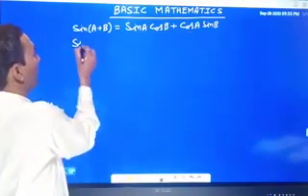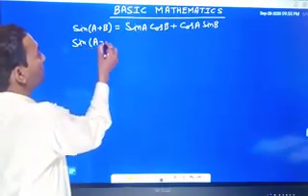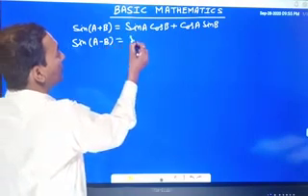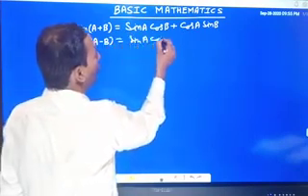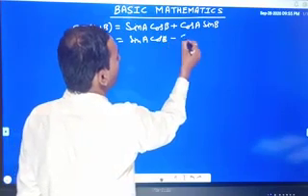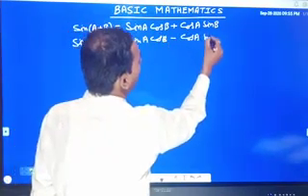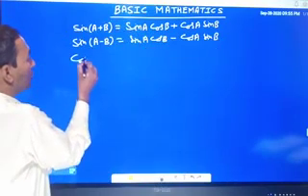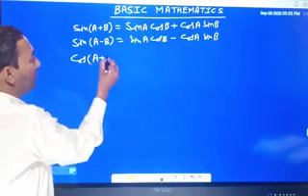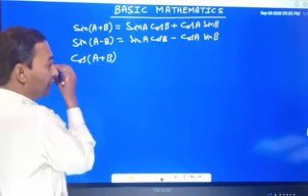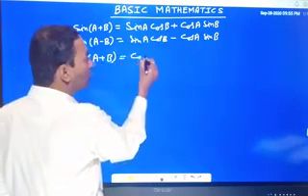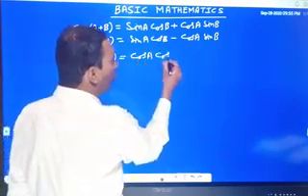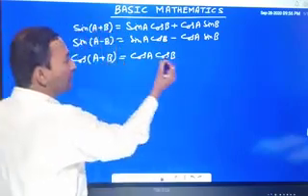And in sin(A-B), it is sin A cos B minus cos A sin B. In cos(A+B), it is cos A cos B minus sin A sin B; in the cos formula, the sign is opposite: here plus, then minus.